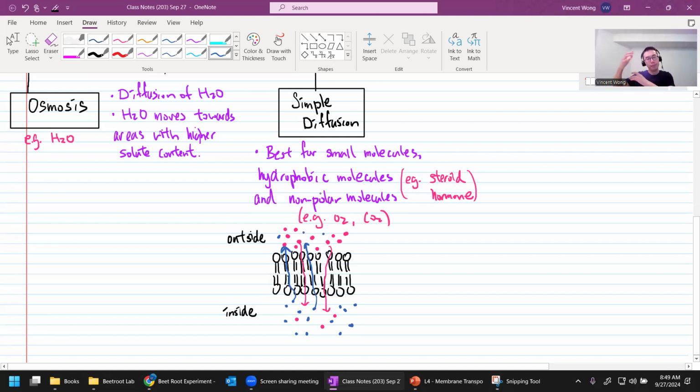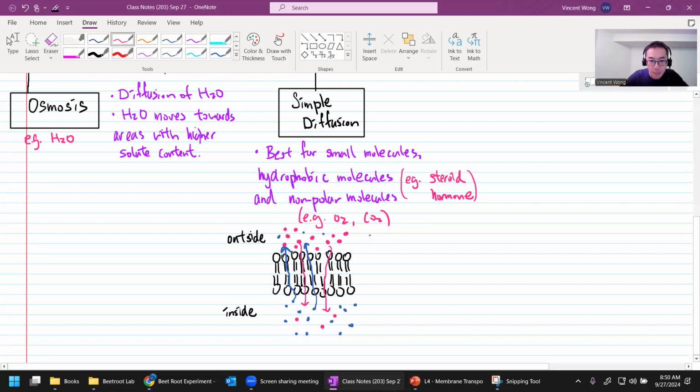The movement of one substance is usually not related to the movement of another. The red will move down its concentration gradient going from high to low, moving in. And the blue is going to go down its own concentration gradient. Just because the reds are coming in, it doesn't affect the blue moving out. Because for the blue, if you look at my picture, the high concentration is on the inside. Maybe I should write this down for you.